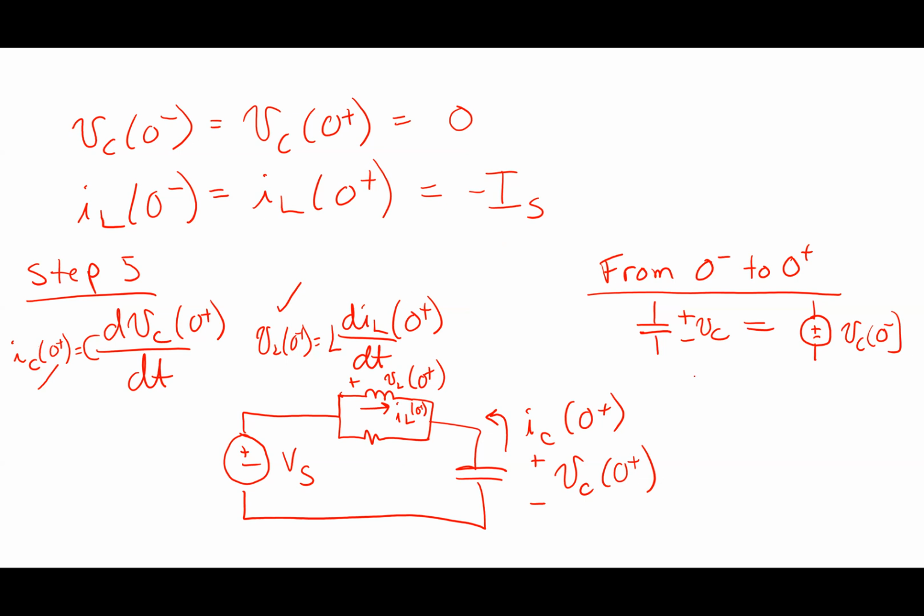And the inductor is equal to a current source based on whatever value it has. In other words, basically what we're saying is the inductor current's stuck at that value. Capacitor voltage is stuck at that value. So I can think of them as sources. Okay. How does that help me in the rest of this problem? So we look at the circuit here, right? What do I do with the inductor?